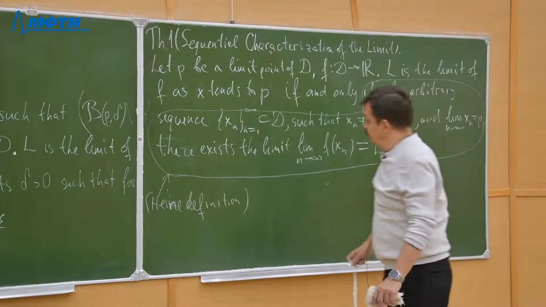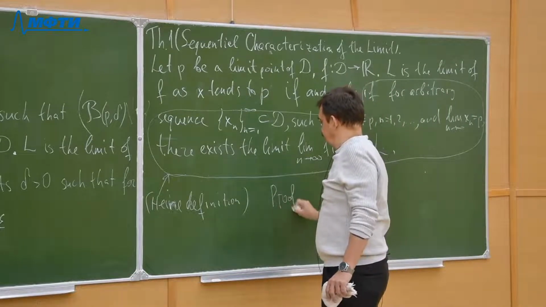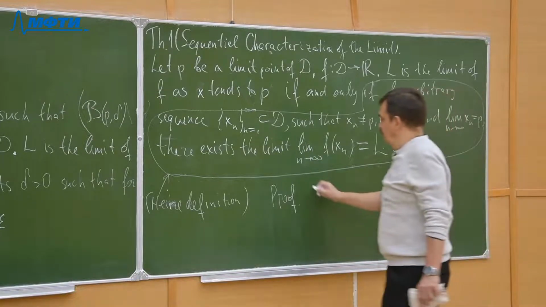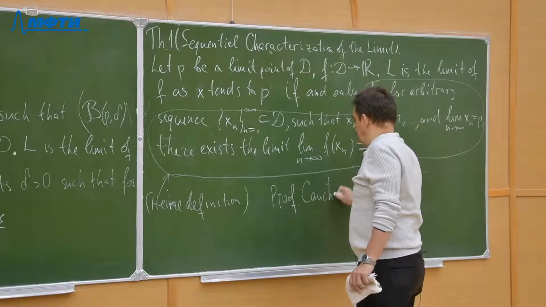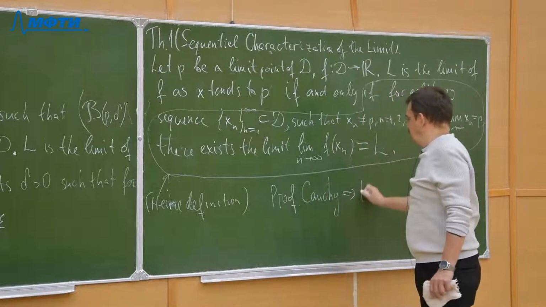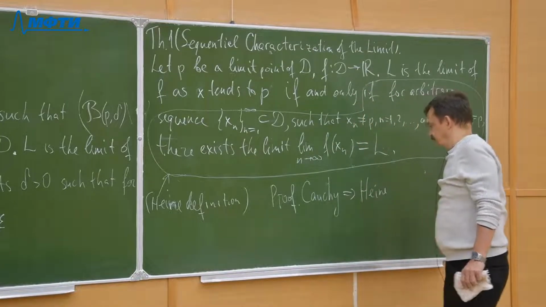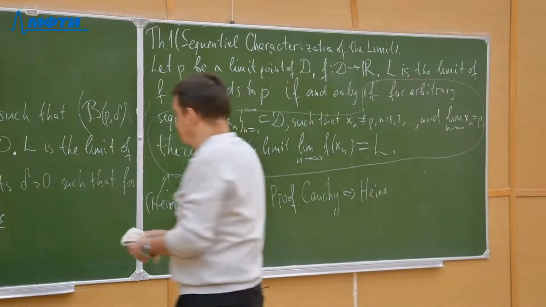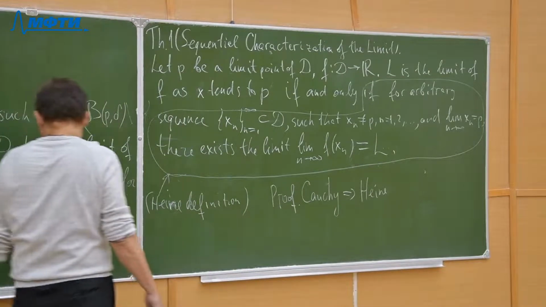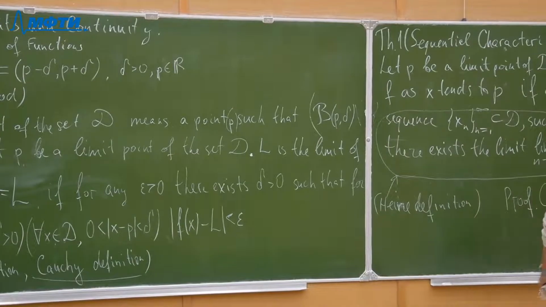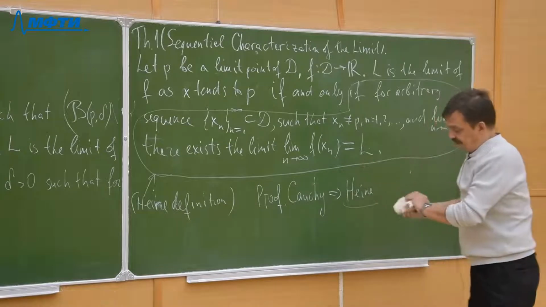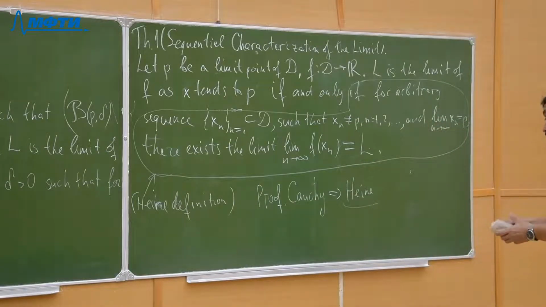So, proof. Okay, so we start from Cauchy to Heine. So we suppose that the Cauchy definition is satisfied, and we have to prove that the Heine definition is satisfied as well, right?